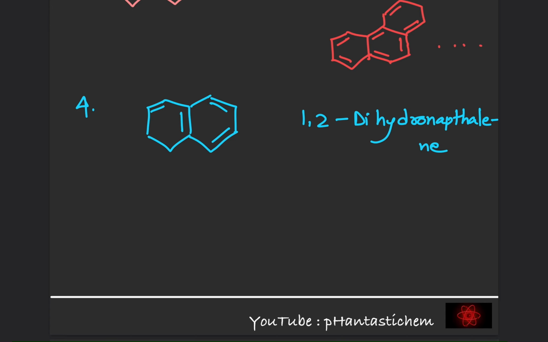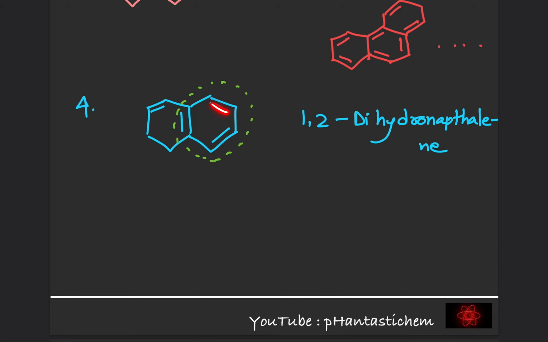But if we look at only this part of the molecule, it is planar, because all of them are sp2 hybridized. It also has 6 pi electrons: 1, 2, 3, 4, 5, 6. So it follows the 4n plus 2 pi electron scheme, where n value is 1.